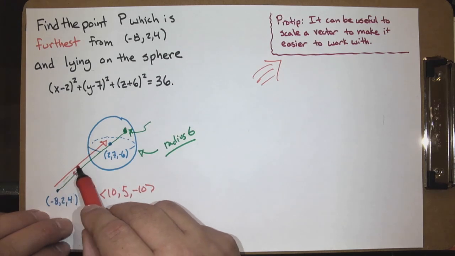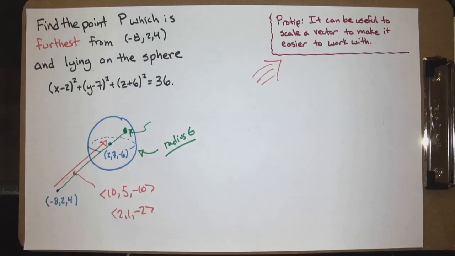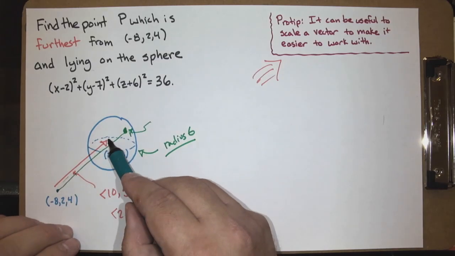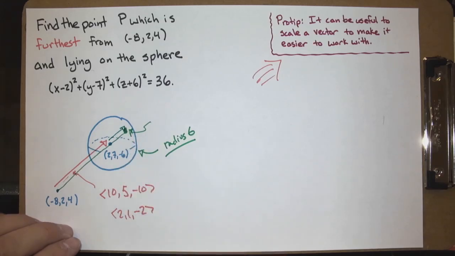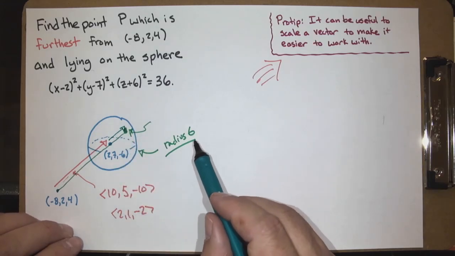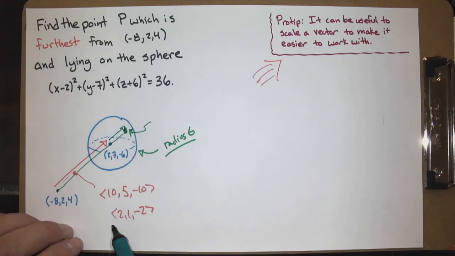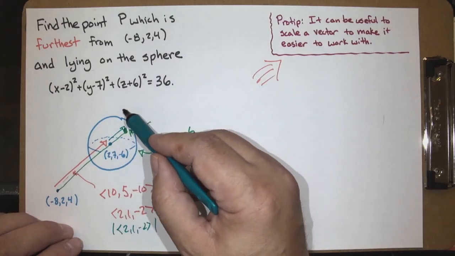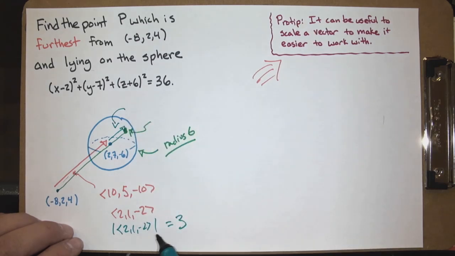Now, here's the thing. This is going in the right direction. What's the part that we need to do? Well, we just have to go that same direction, but distance 6. On a side note, does anybody recognize the magnitude of this vector? 3. So how much further do we have to go? 2 more copies of this vector.